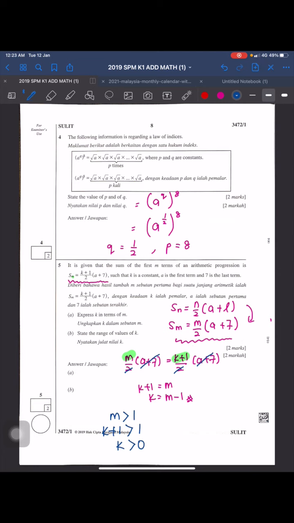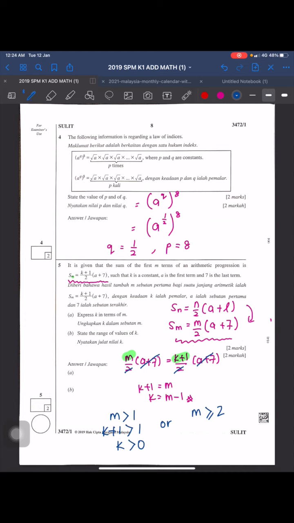Ataupun kita boleh tengok juga, okay, oleh kerana dalam soalan ni dia ada bagi first term dan last term. So, progression ni mungkin ada 2 term ataupun lebih daripada 2 kan? Okay, so kita boleh juga assume or kita boleh katakan M is more than or equals to 2. Okay, so kalau M dia sama dengan 2, maksud dia ada first term and last term lah. Second term tu sebagai last term.